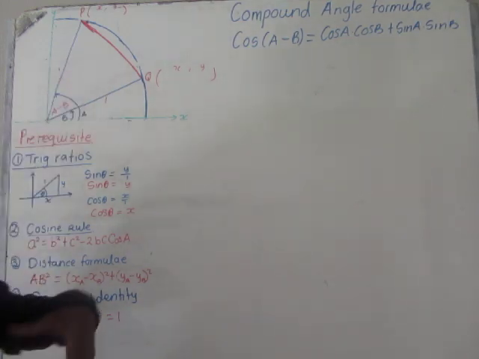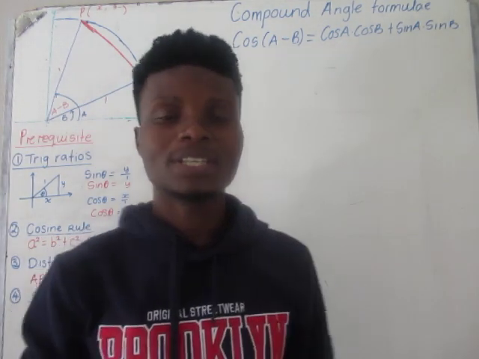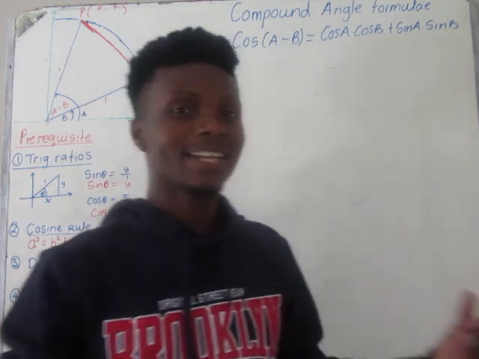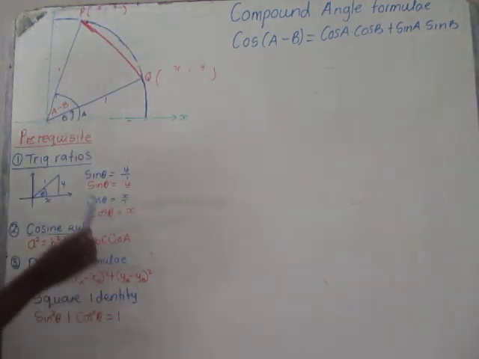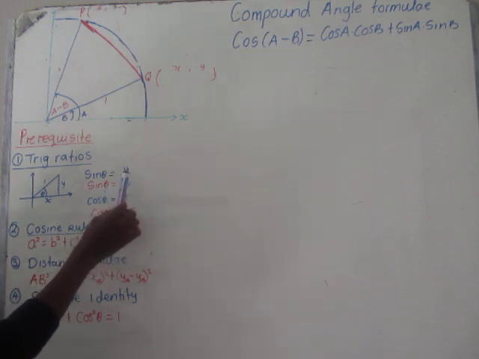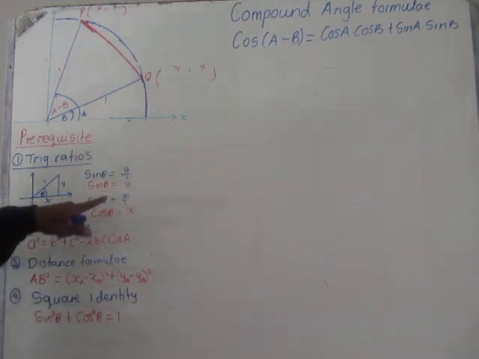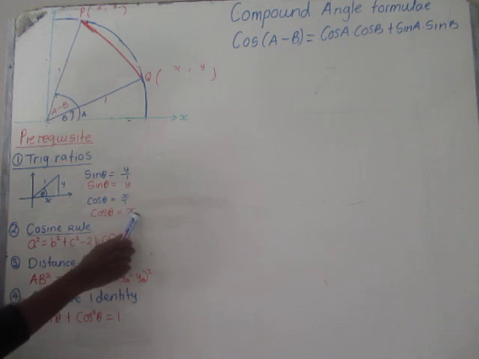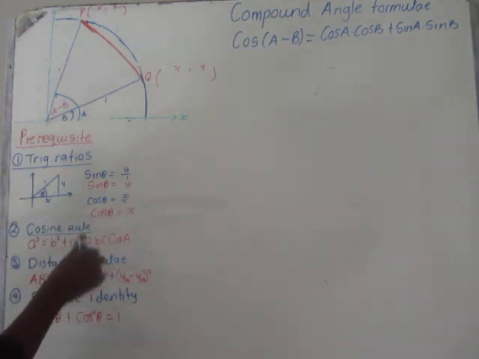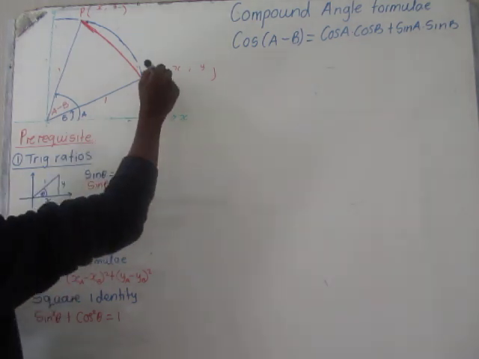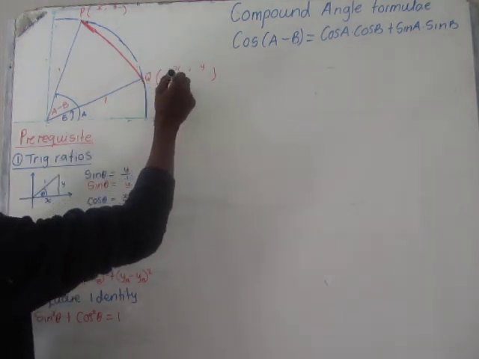Remember, we're dealing with trigonometry here, so I'm going to substitute x and y with sine and cosine. If you still remember from the trigonometric ratios, sine theta can be written as y, and cos theta can be written as x. So wherever there's x, I'm going to put cos of that angle.